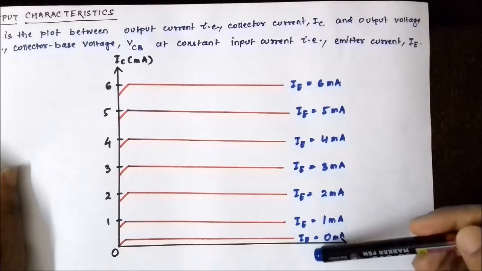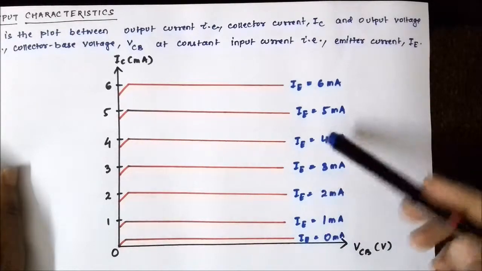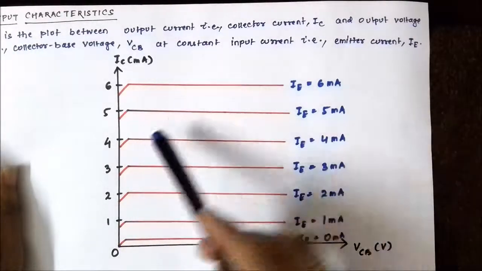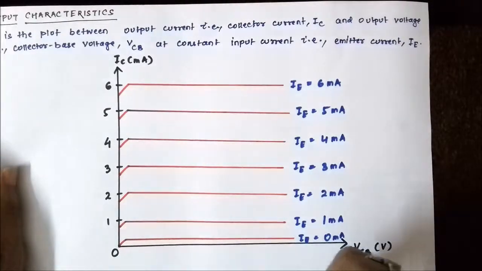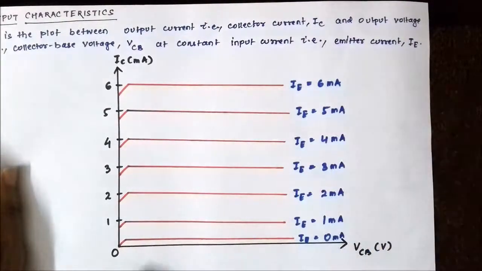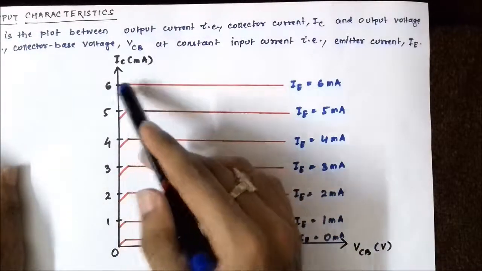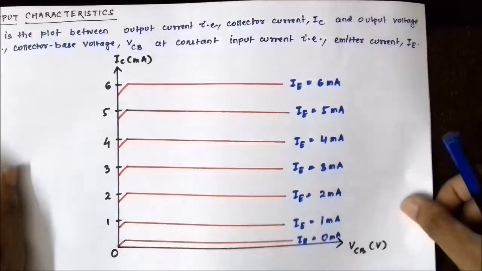Now as we increase the constant parameter, which is the input current or the emitter current, we see that the plot gets shifted, the constant value of the collector current increases, it keeps on increasing, but the shape, the trajectory of the curve remains the same. The values of the constant collector current may increase, but the shape is the same.